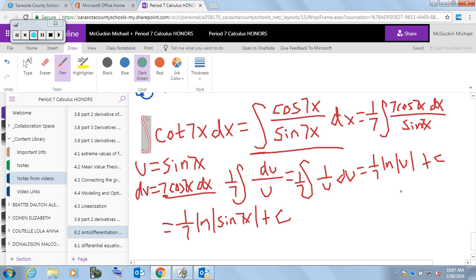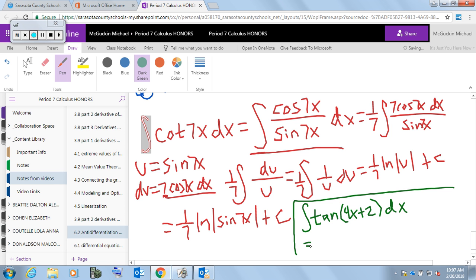You are going to be evaluating the integral of tangent of 4x plus 2, dx, and your answer when this is all said and done will be negative 1 over 4 natural log of the absolute value of cosine of 4x plus 2, plus c. Give that one a shot, see if you're on the same page, and on to the next one.